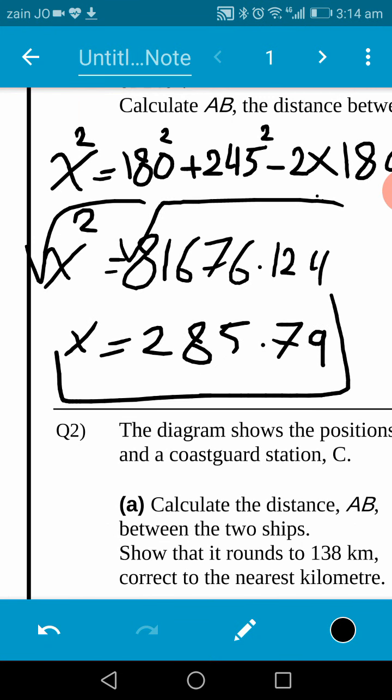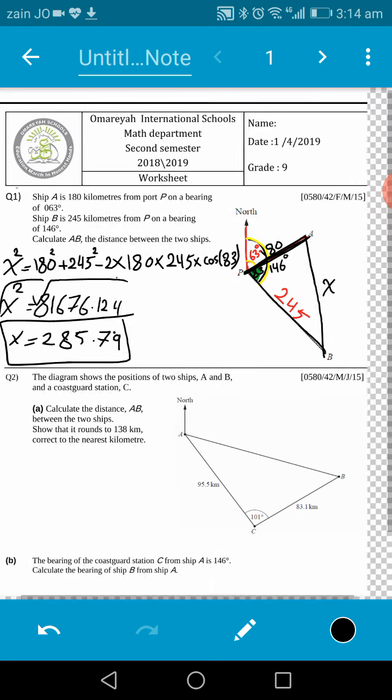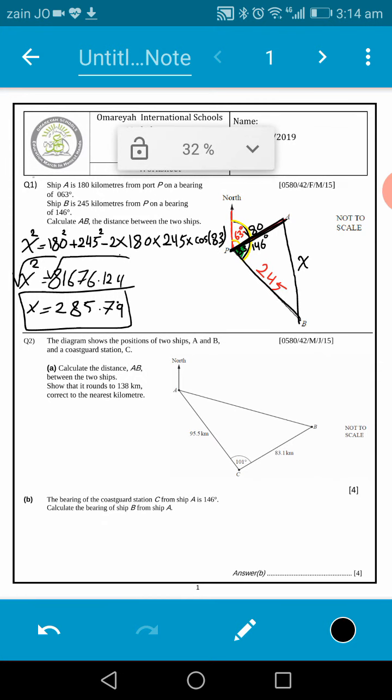So this is the final answer. Okay, teacher, notice that the question is not tricky and not difficult.